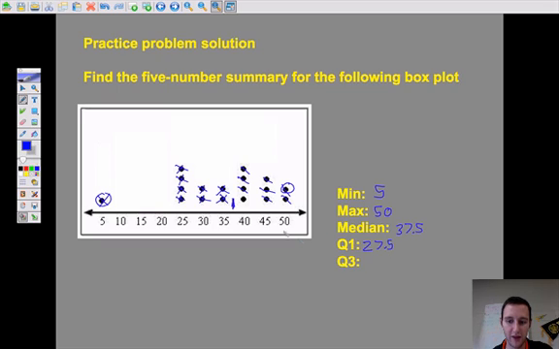So we'll say 27.5. The Q3 then is just the midway point between the median and the max. And that is 45. Okay, so there is the 5-number summary for the data represented by this box plot.